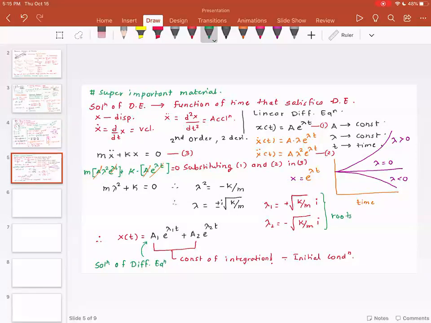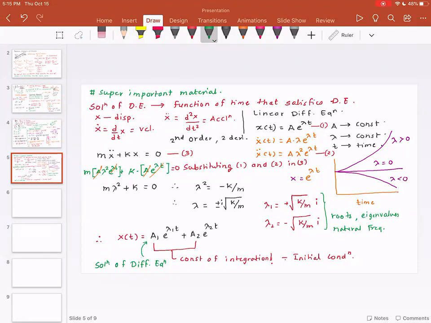So roots. They are also called eigenvalues. They are also called natural frequency. So please note, these are purely imaginary, which means you have i.